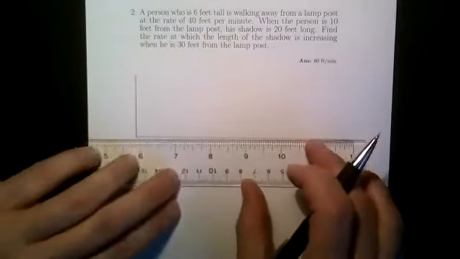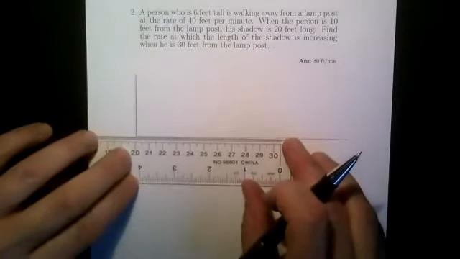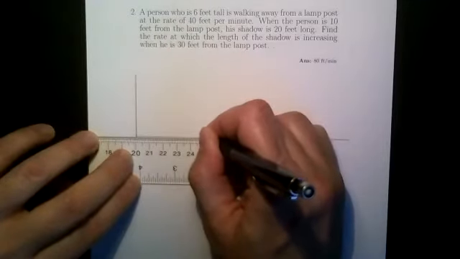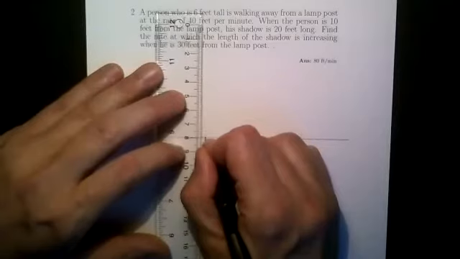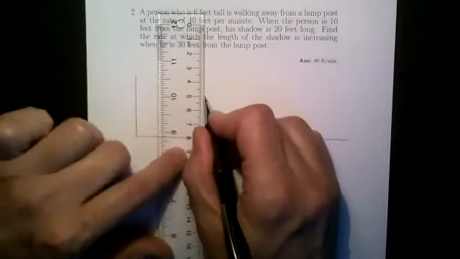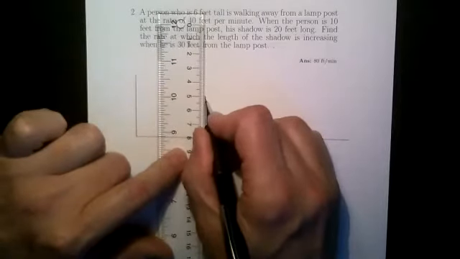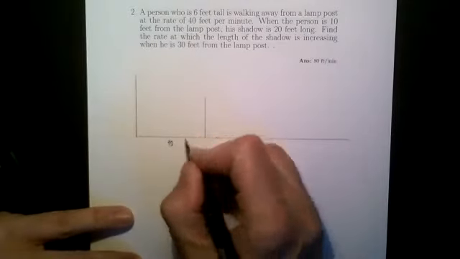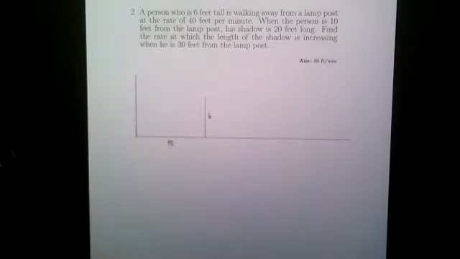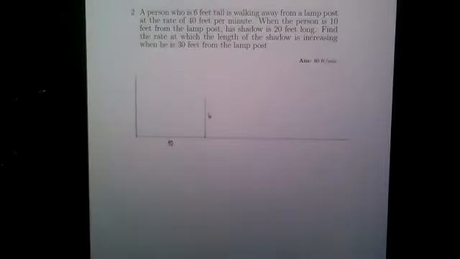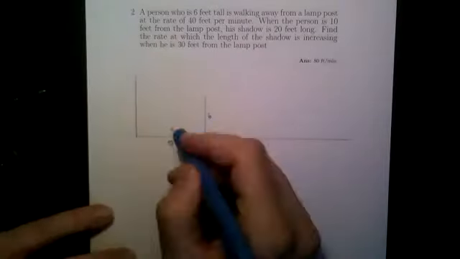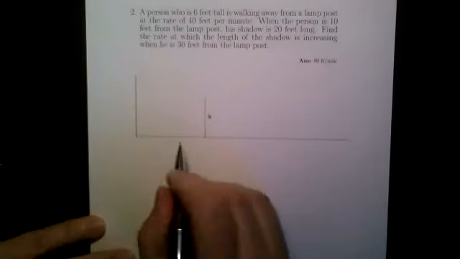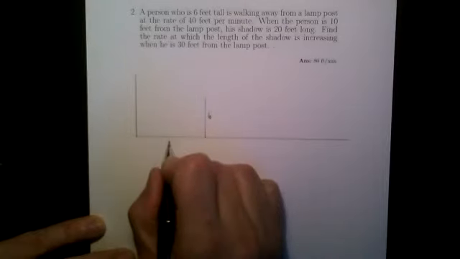So he's 10 feet away. So let's say he's here, and he's 6 feet tall. So this is 10. This is 6 given to us. Or actually, this is x, because he's moving away, so this changes.